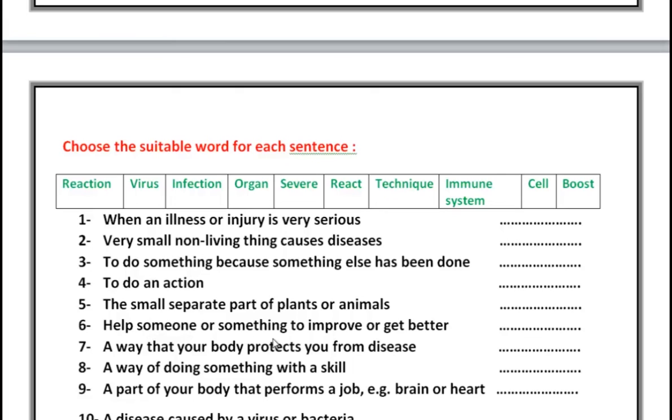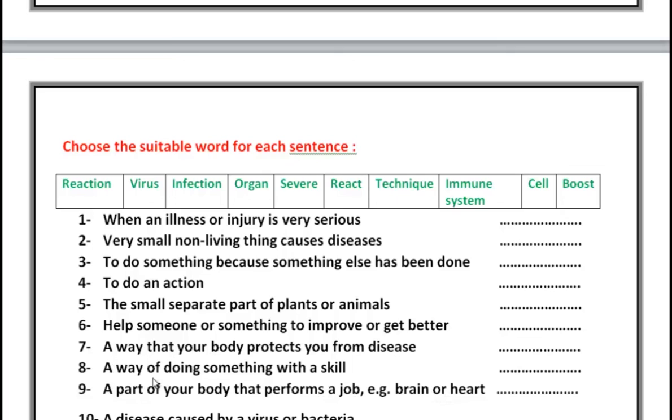Help someone with something to improve or get better: boost. 7, a way that your body protects you from disease: immune system.